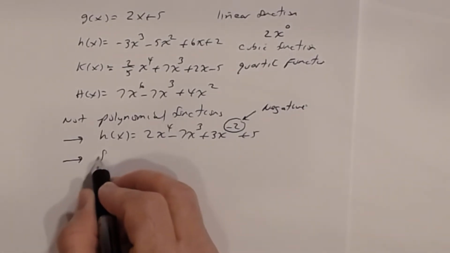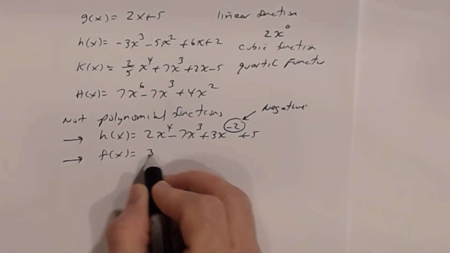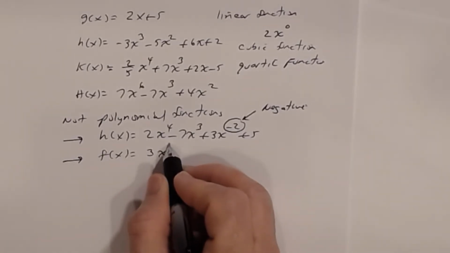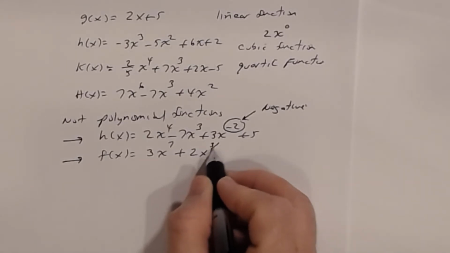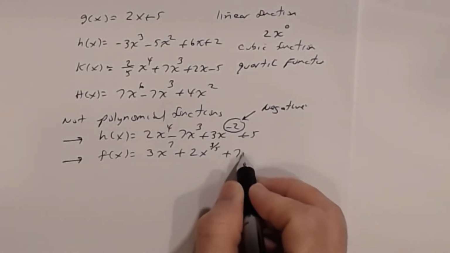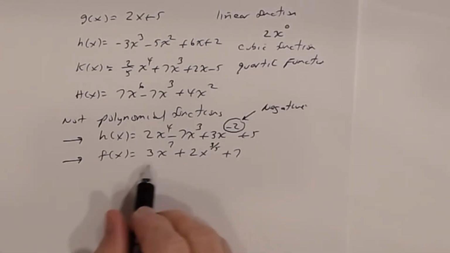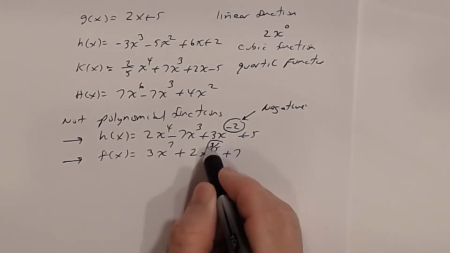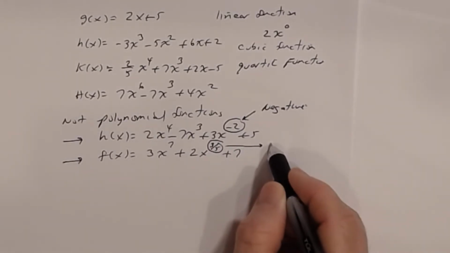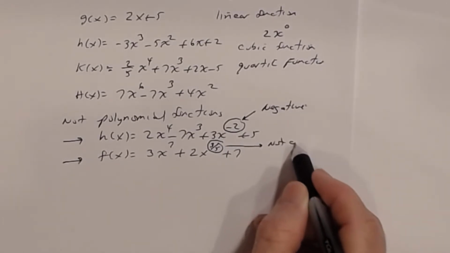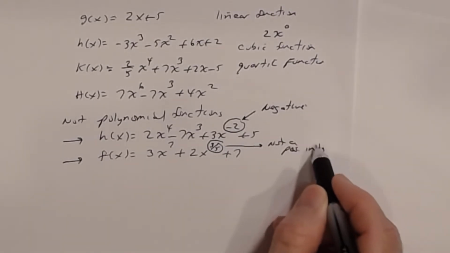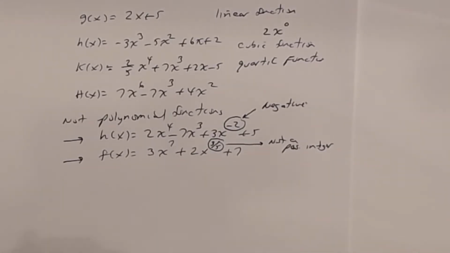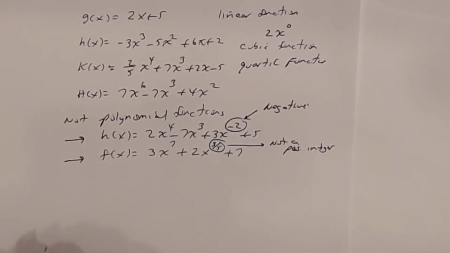I could have f of x equals 3x to the 7th power plus 2x to the 3/5 plus 7, let's say. What makes this not a polynomial function is the fact that this is not a positive integer, right? It's a rational number that's not an integer, 3/5.